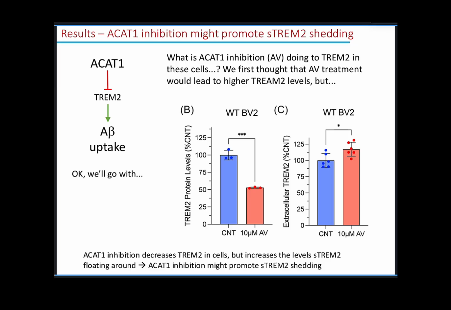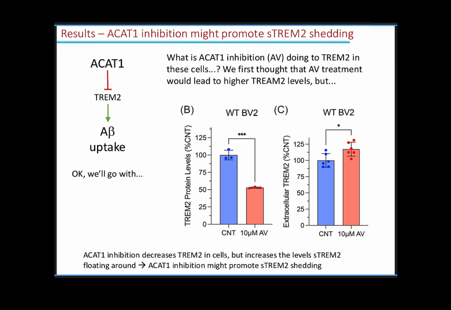And that's why when we take out ACAT1, TREM2's activity would be somehow increased, and that's what explains the increased A beta uptake.